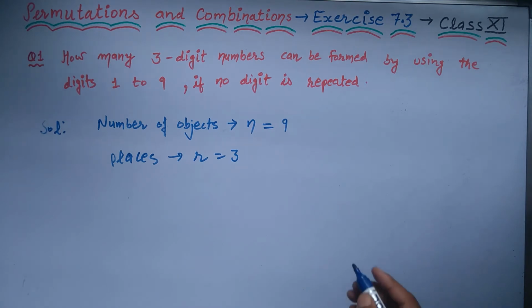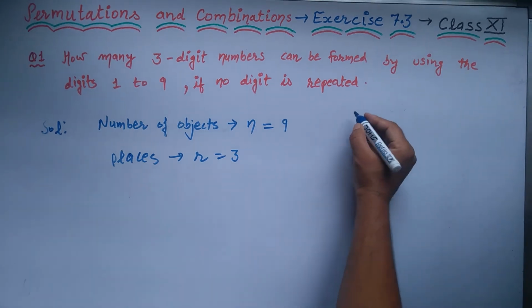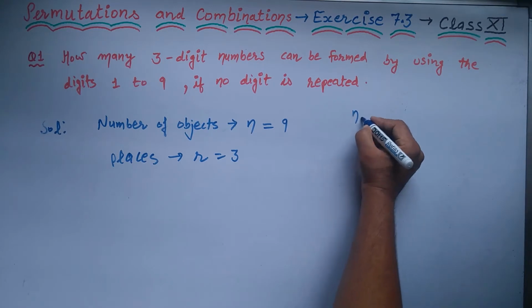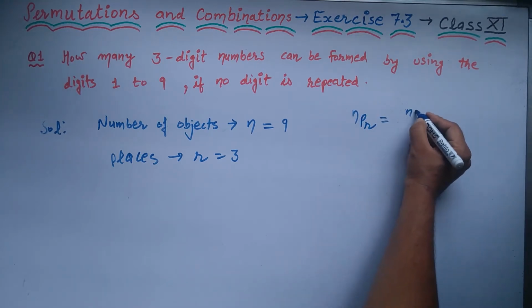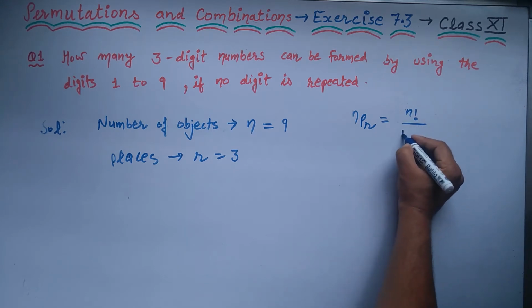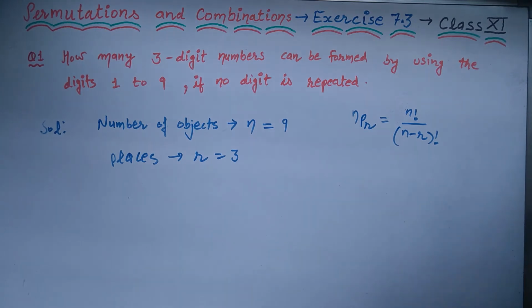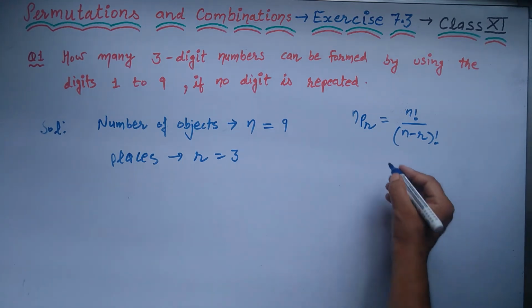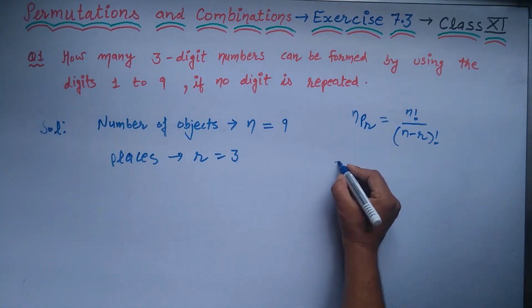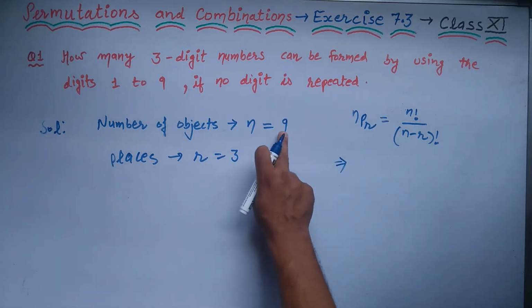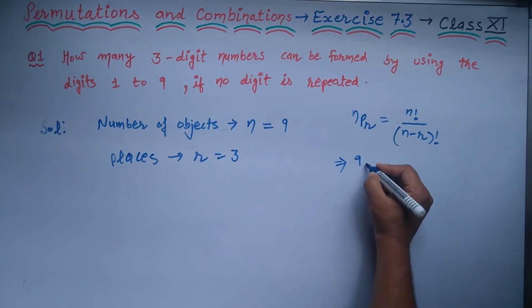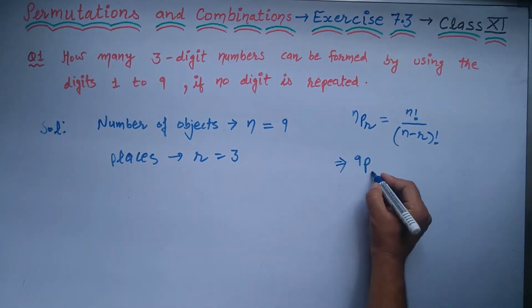Okay, now we put this in the formula nPr. The meaning of this is n factorial divided by (n minus r) whole factorial. As we have studied this in the previous class, first of all let us put the value n equal to 9, r equal to 3.